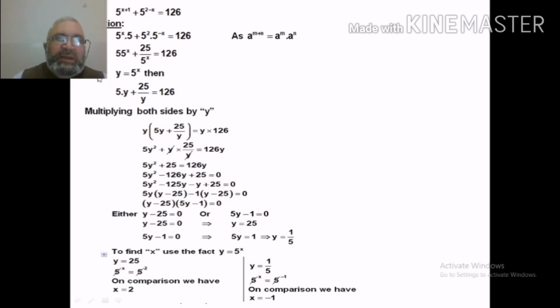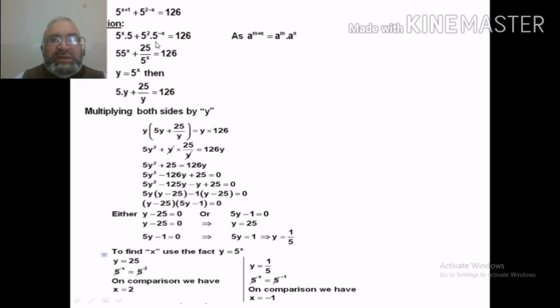Similarly 5 power 2 is 25, and 5 power minus x becomes 1 over 5 power x, that is 1 over y, the reciprocal. If we take 5 power x is equal to y, then 5 power minus x becomes 1 over y.